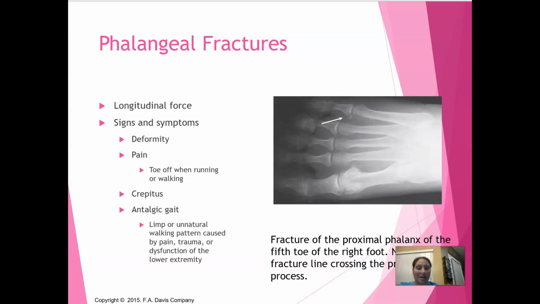Not all at the same time, but with the bottom of those cleats, when somebody's full weight is on that and you have these small bones like your phalanges, you have the risk of potentially having a fracture. You're going to have pain. There potentially could be a deformity. They're going to have a pimp walk, or what I talk about as an antalgic gait, where they're limping because they don't want to move their toes.